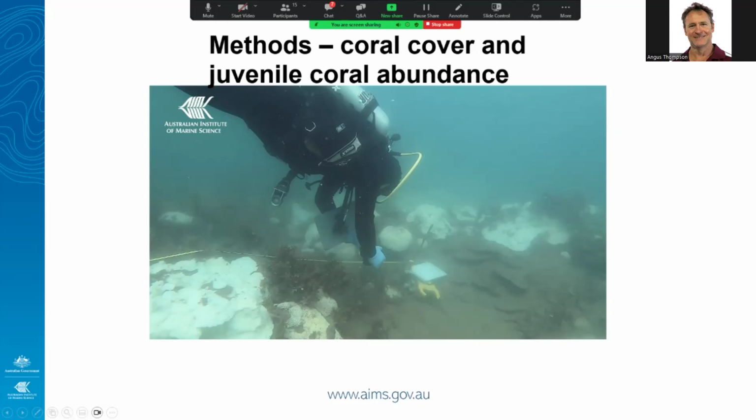One of the key indicators is just coral cover itself. But we also look at how fast the coral changes to get an idea of its recovery. We also look at the number of juvenile corals to see that there's recruitment coming in, akin to seedlings in the forest. And we look at macroalgae as a competitor to the corals. Next slide.